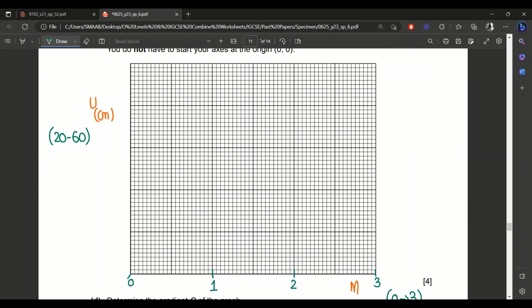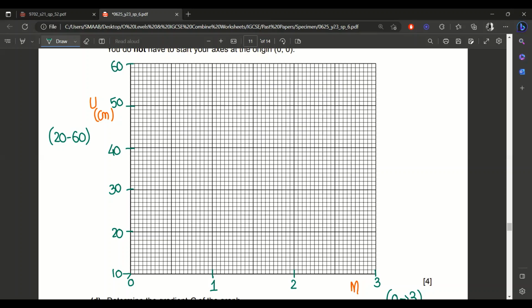Okay, so they are saying that we don't need to start the graph from 0, right? For the y-axis we may start from 20: 20, 30, 40, 50, 60. Or we may start from 10, so the graph will not start from the baseline. If on the y-axis we start from 10, this value will be 20, this will be 30, 40, 50 and 60, right?